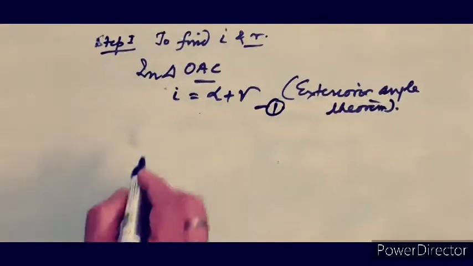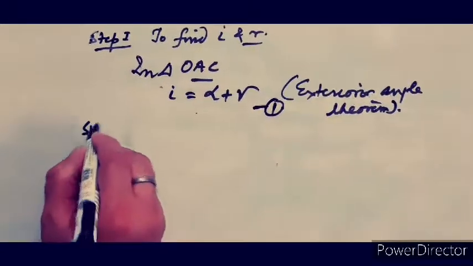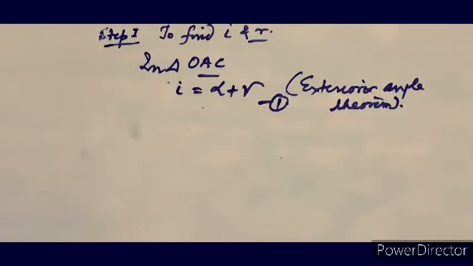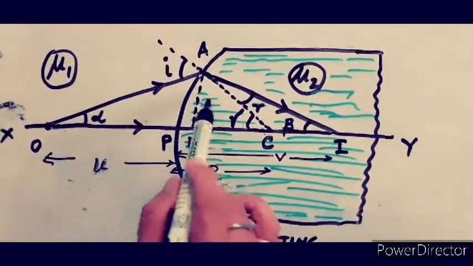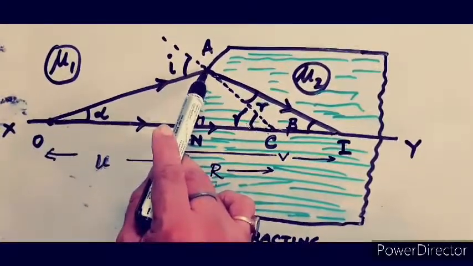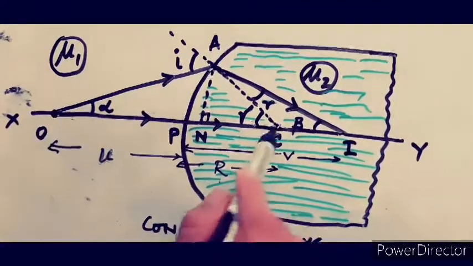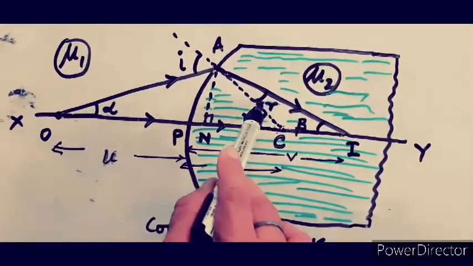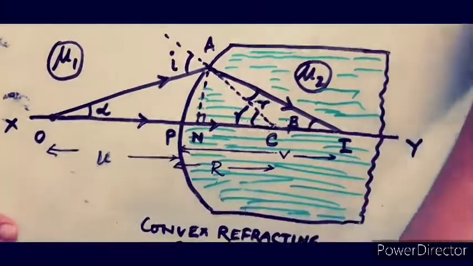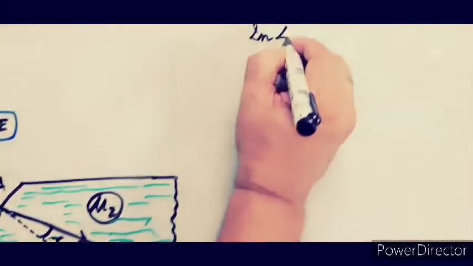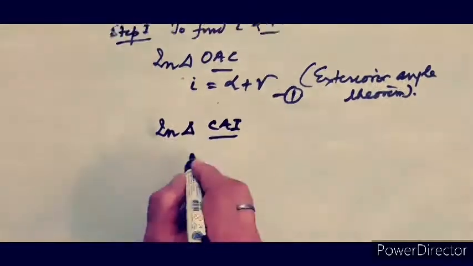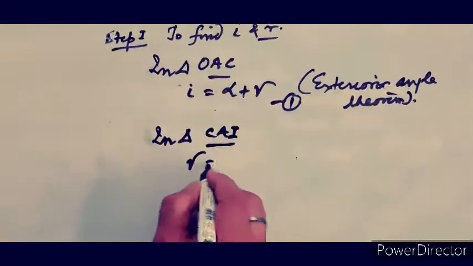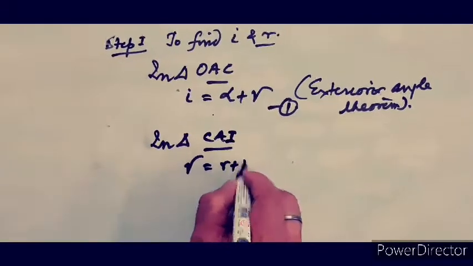Right? Now in step 1 we have to find i and then r. How to find this r? Here r is the angle of refraction. If we are talking about this triangle CAI, then gamma is equal to r plus beta. So in triangle CAI, we can write gamma is equal to r plus beta.